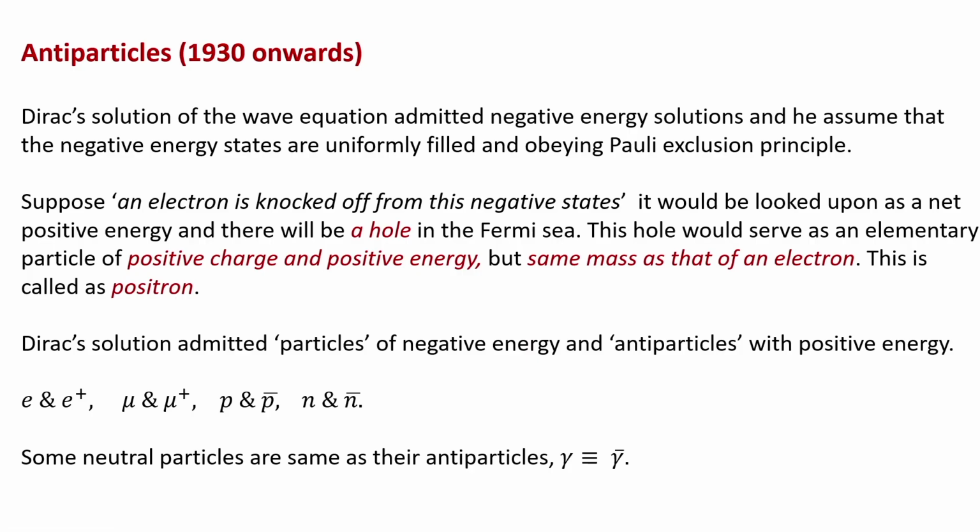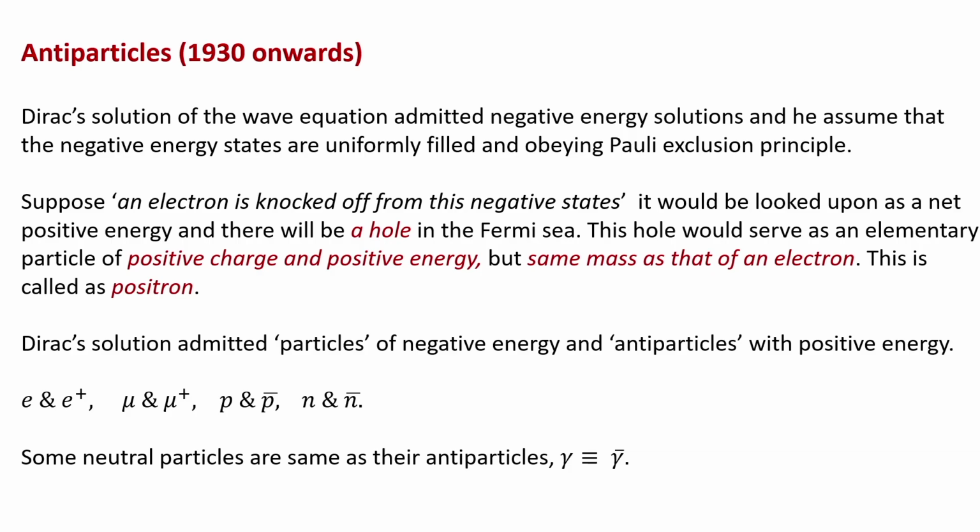Then there is the discovery of antiparticles, which proceeded from 1930 onwards. This started from what we have done recently on the solution of the Dirac equation. We have seen that the Dirac equation admitted solutions which have both positive and negative energy values, and these negative energy states are uniformly filled and occupied, by the Pauli exclusion principle.